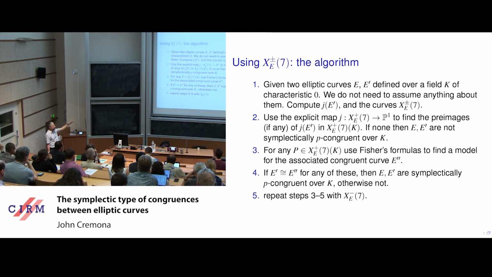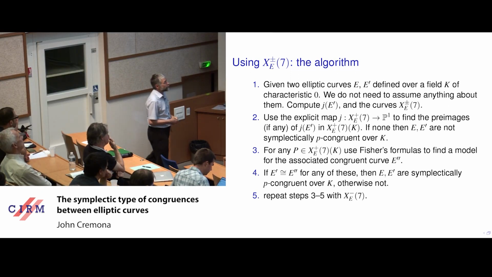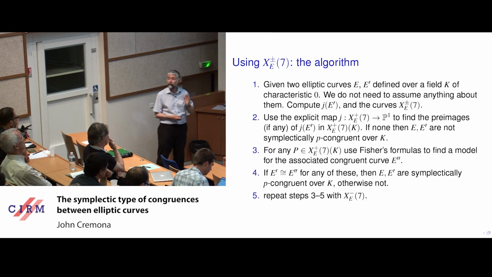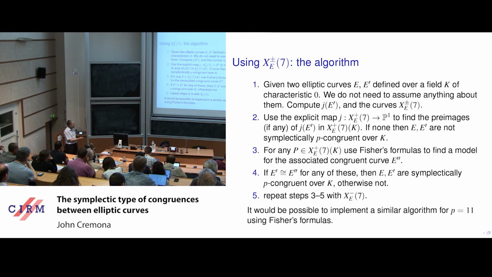So here we don't even need to assume that they are congruent at all to start with. I carried this out for all of the pairs of congruent curves we found for p equals 7, and I came to a conclusion as to whether they were congruent or not, and it agreed with what Nuno Freitas had computed using his local criteria. Right, so I haven't done it for 11 yet.